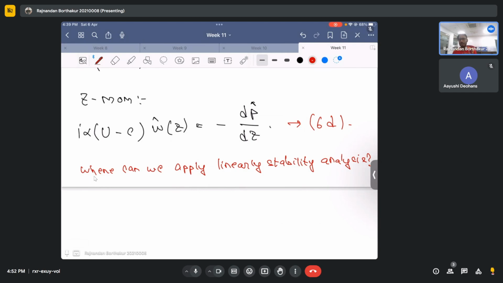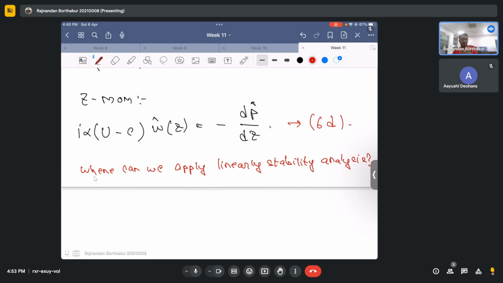For instance, you can use linear stability analysis in studying gravitational waves. There is a kind of instability known as Kelvin-Helmholtz instability. Whenever there are two layers of fluid flowing, and one fluid has a relative velocity with respect to the other, you see this instability, and the gravitational waves that you see in the ocean essentially follow Kelvin-Helmholtz instability.